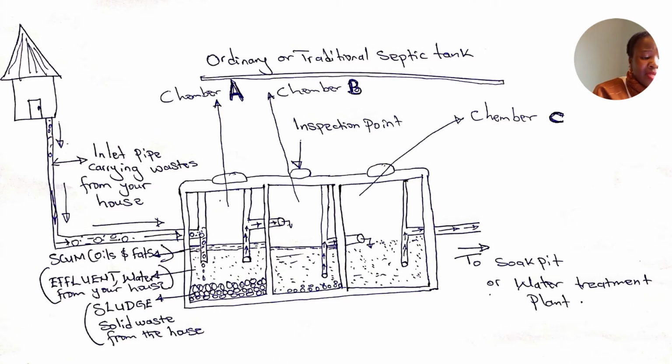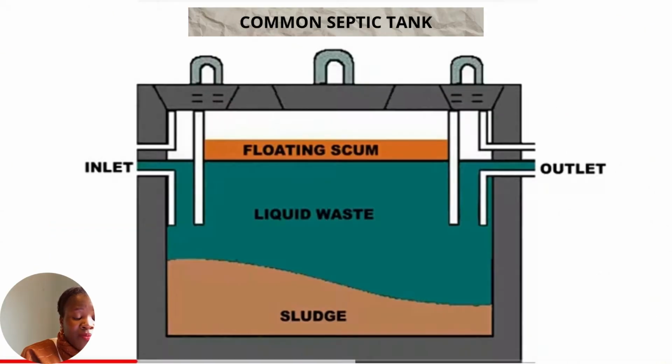So what happens is, as you can see, there is a lot of waste that is being left behind that is not taken into the soak pit. So every now and then a truck is brought to empty these chambers, so that they don't get a backflow back into the pipe and into the house. So you find that this fecal matter has to be emptied every now and then.